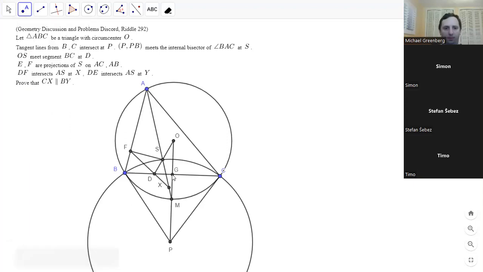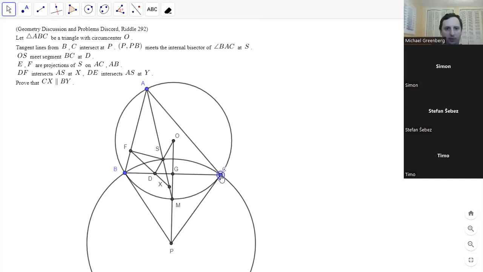I'll draw this in. So it's not too often that I see you intersect this circle with the angle bisector. It's a little straighter.